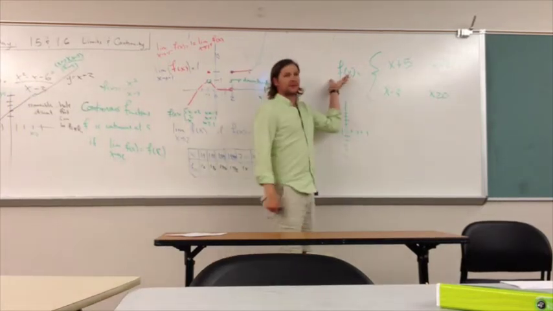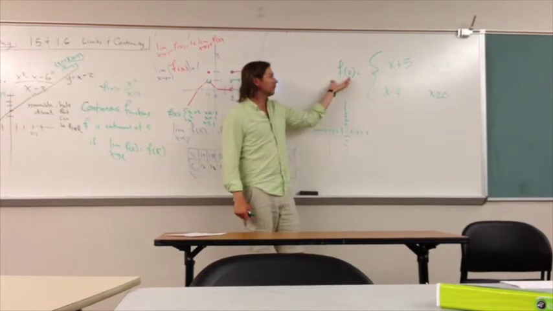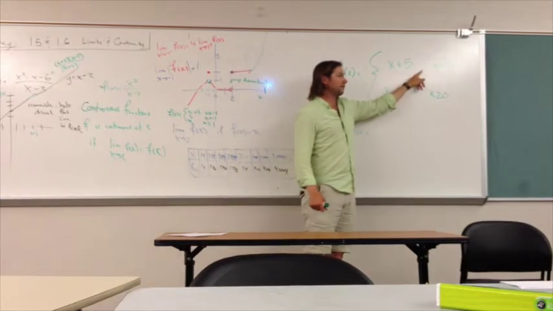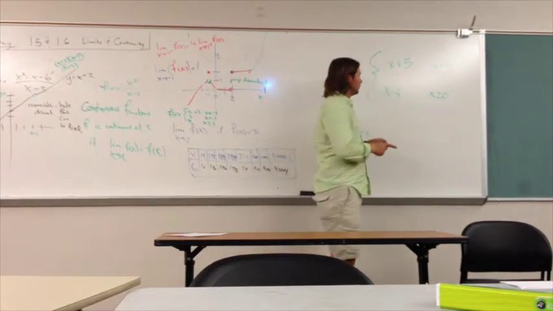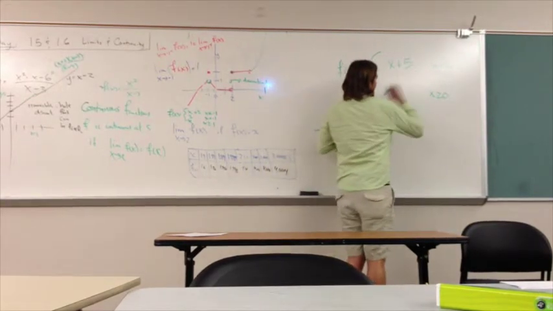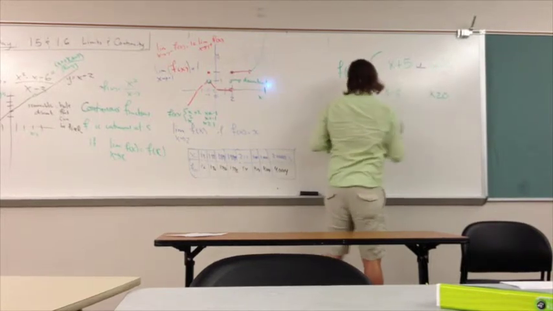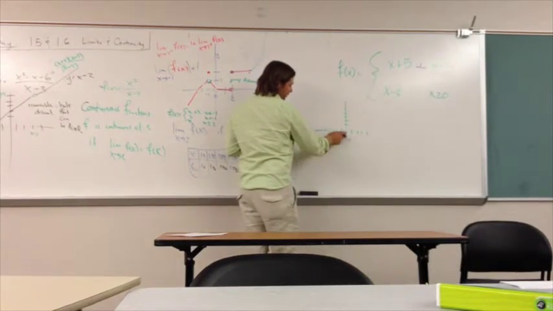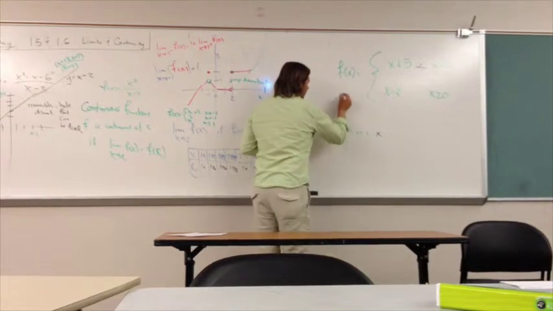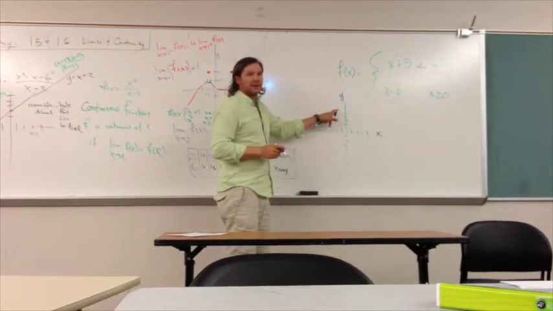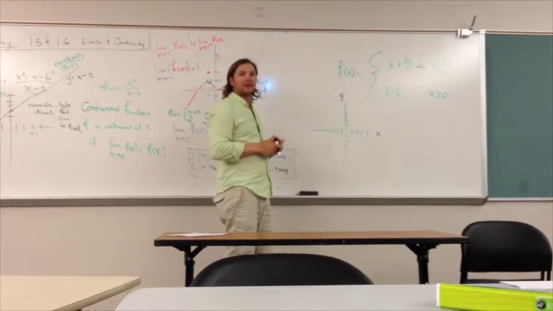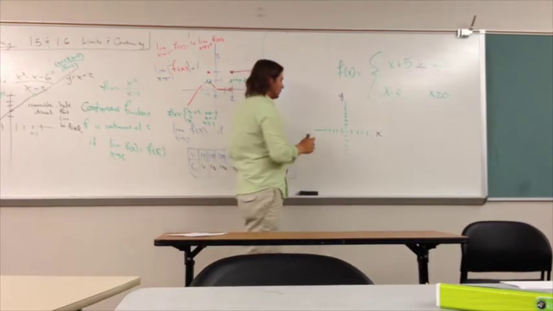So how do you read this? y equals x plus 5. When x is less than 0. So when x is less than 0 is over here, right? Because this is my x-axis, this is my y-axis. So y equals x plus 5, what does that look like? A straight line.